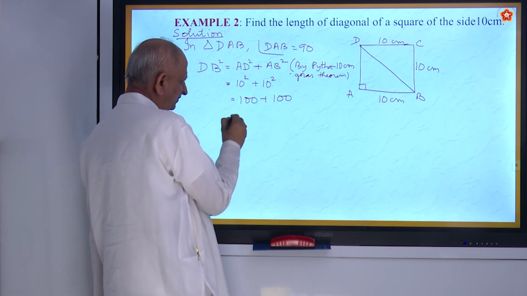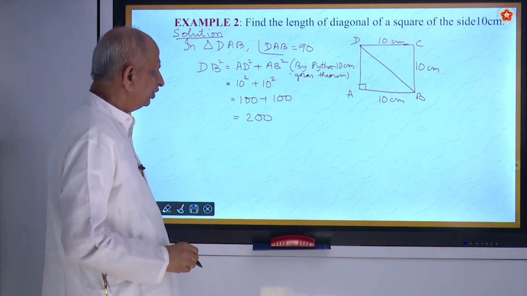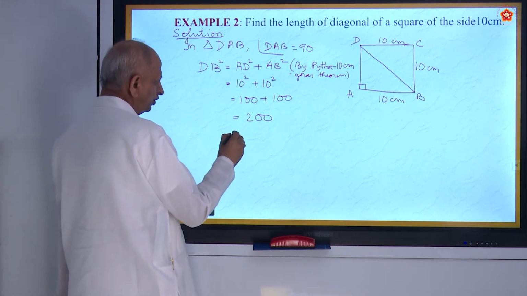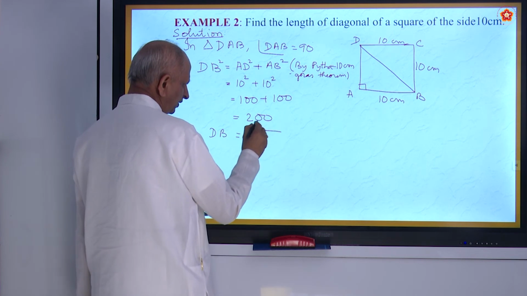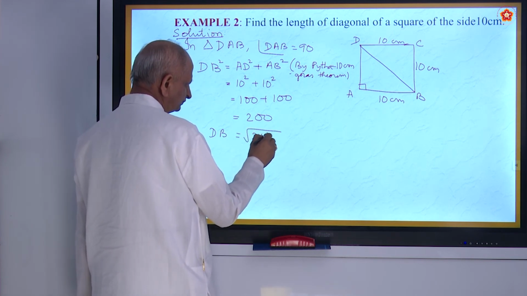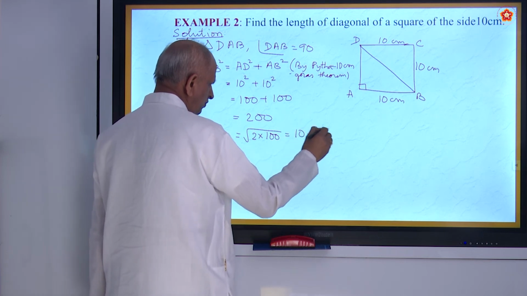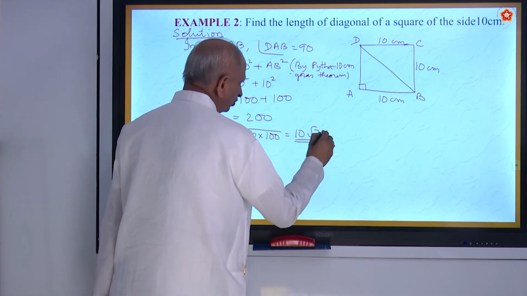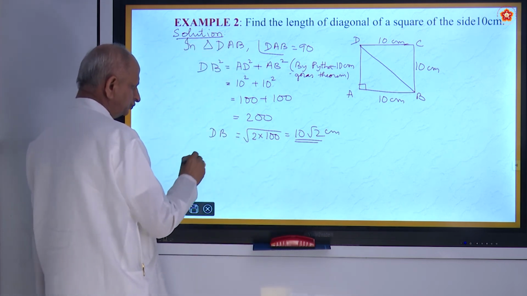How much does it become? 200. So DB is equal to root of 200. I will write it as 2 into 100. That is 10 root 2 centimeters.